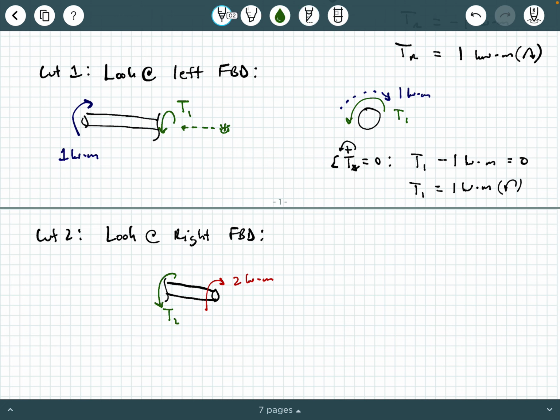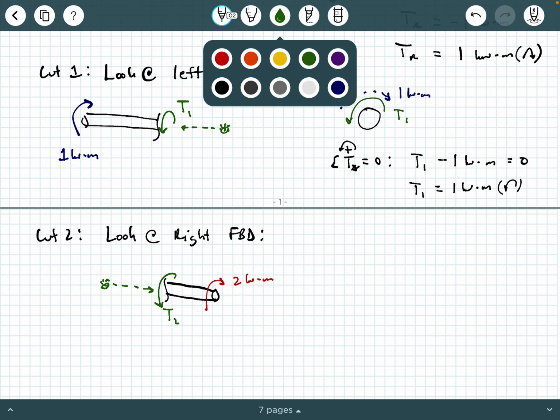You could put the viewpoint out here, and you can look into the cut, or you could put the viewpoint out in front and look at the end of the shaft. So guess what? Does it matter where we put our viewpoint? No, it does not matter. But you just want to be consistent on a particular step and know what you're doing. So how about I just put my viewpoint here and I look into the cut, okay?